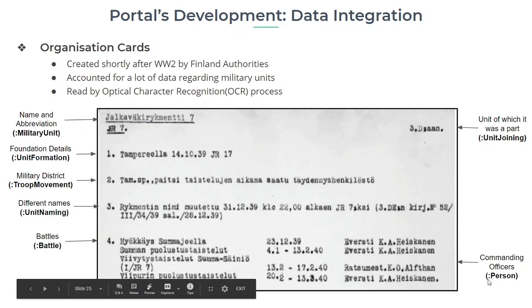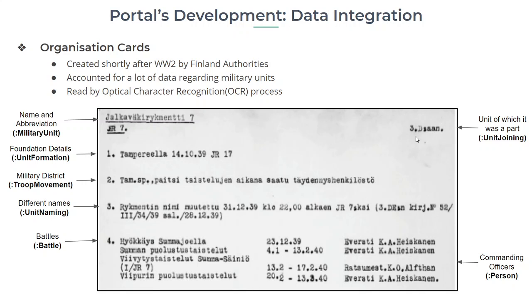Also, we know something about the person resource, as the corresponding commanding officers of the battles the unit fought are given. And on the top right we can see the unit of which this unit was a subdivision, and this comes under the unit joining field.